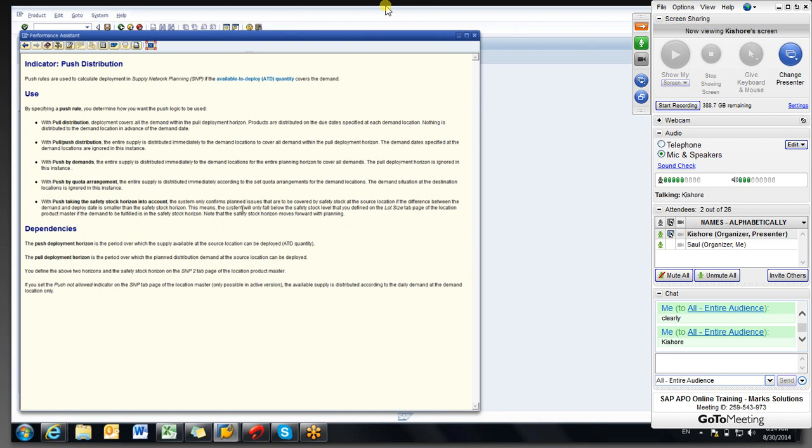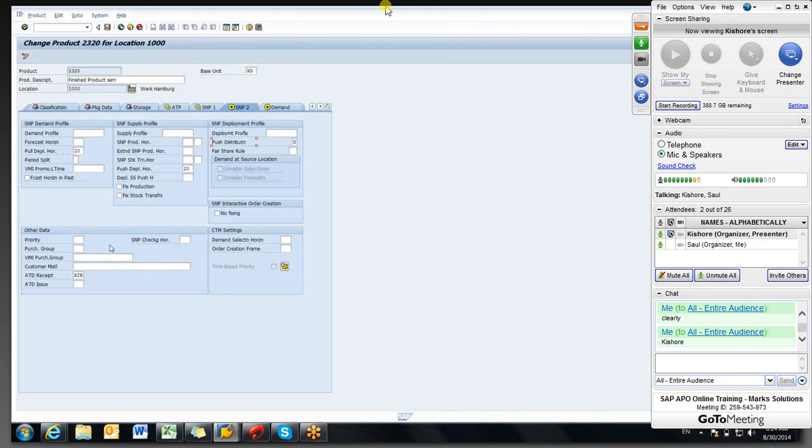In the safety stock horizon, the system will only confirm down to the safety stock level that you define. So whatever safety stock you maintain, that much only it will try to confirm. If the ship-to party's safety stock is going to come down, then it will try to maintain that safety stock, so it will confirm only the quantity you maintain as safety stock in the ship-to party locations. You can see that when you practice. But that is not that much useful.